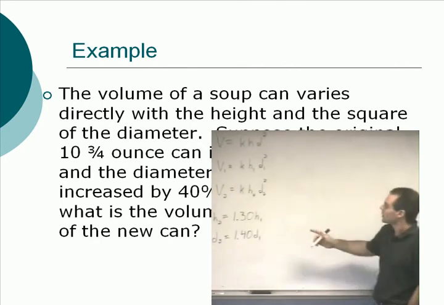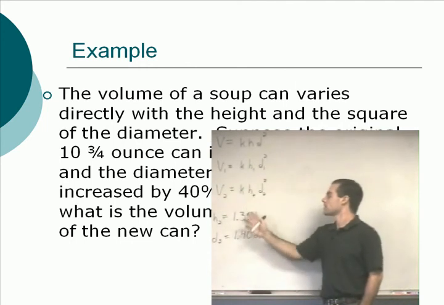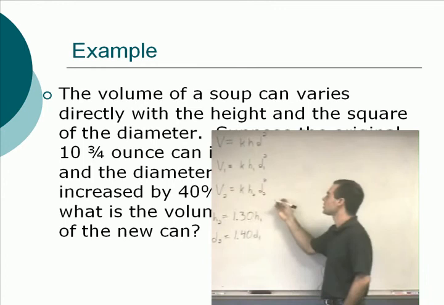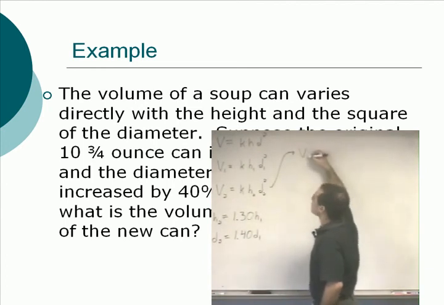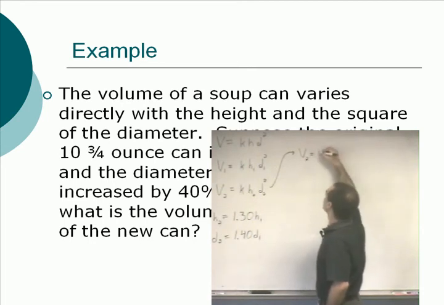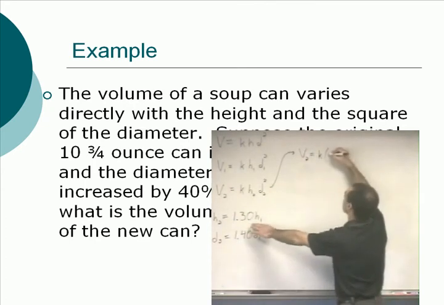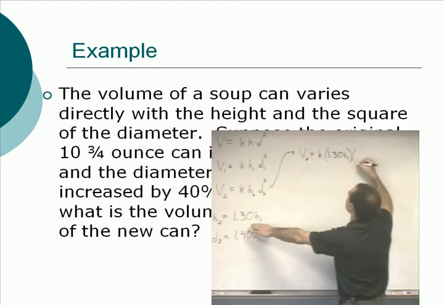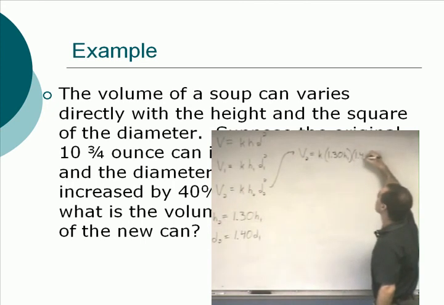Okay, well now we can take our new one, which is what we want to know about, see how it compares to the old one, but we're going to substitute these values in for H2 and D2. So we have the fact that our new volume is equal to K times H2, which is 1.30 H1, times D2 squared, which is 1.40 D1 squared.